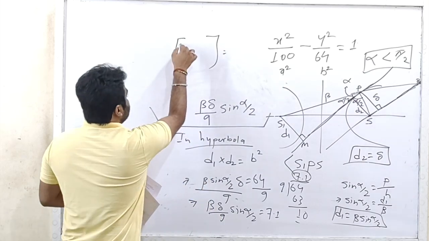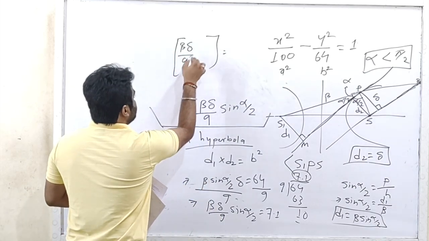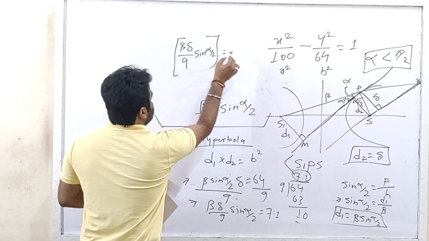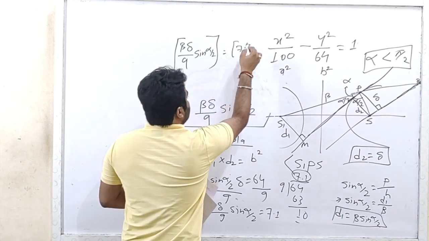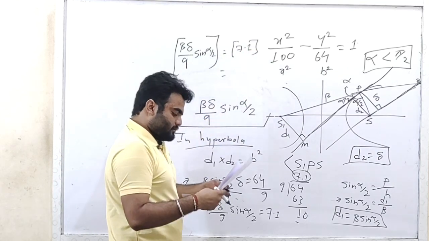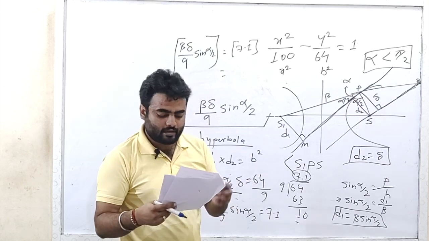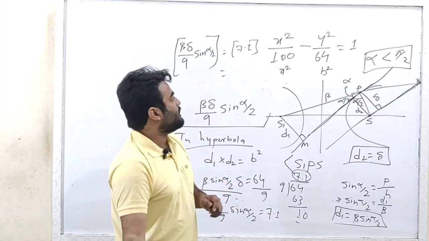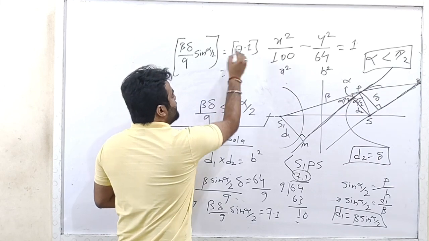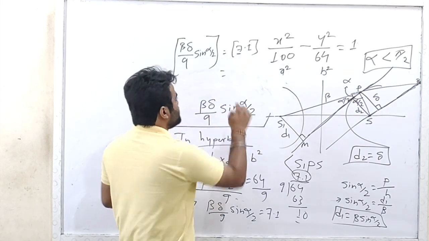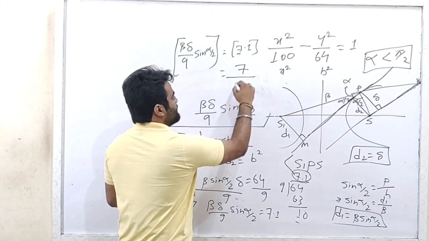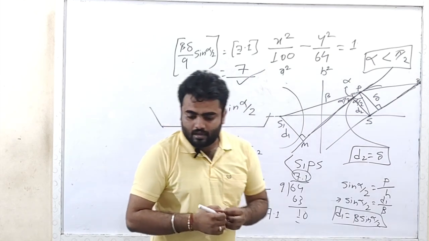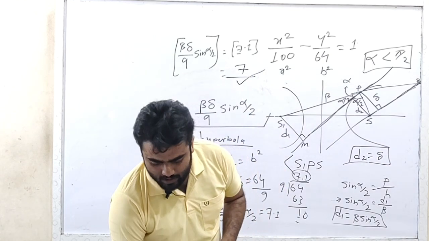So here beta delta upon 9 sine alpha by 2 is equal to 7.1, and the greatest integer is exactly 7. This is what the question was asking.